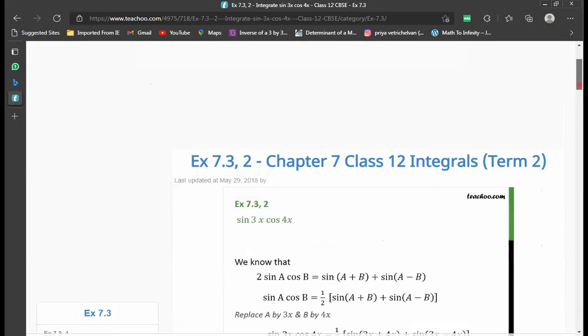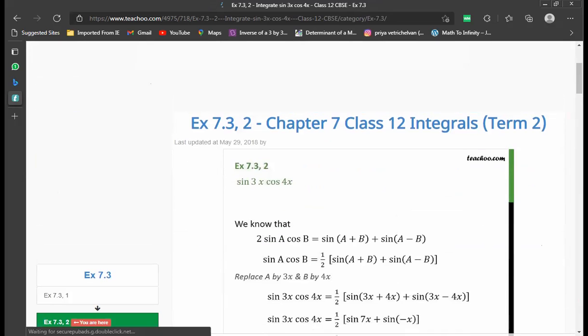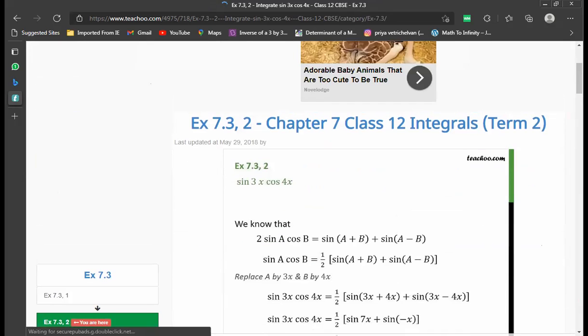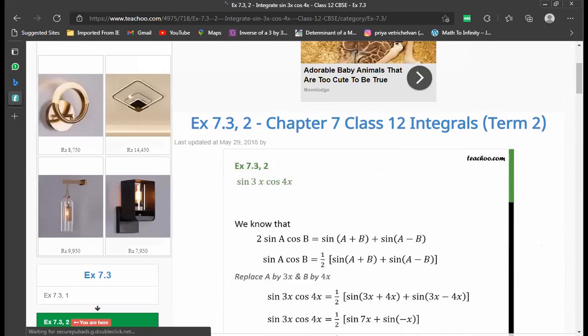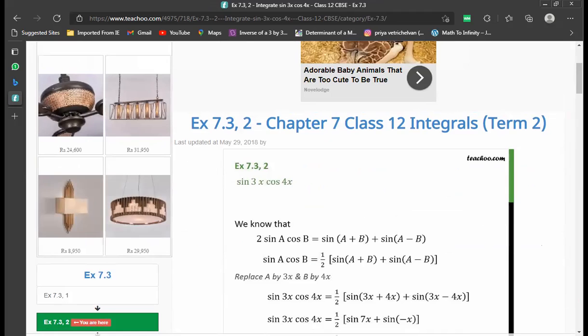Question number 2. You have a product of two terms, sine 3x and cos 4x. We don't have any formulas when you have two trigonometric ratios in the form of multiplication, isn't it? So you have to convert this product of the terms into a sum of the terms.